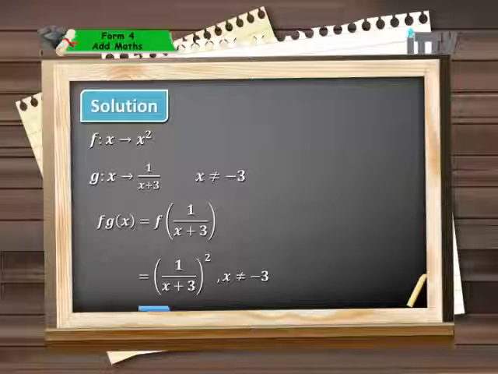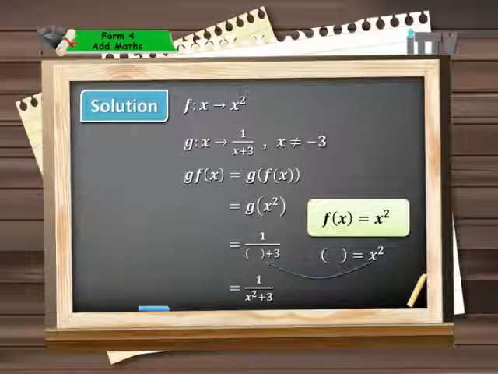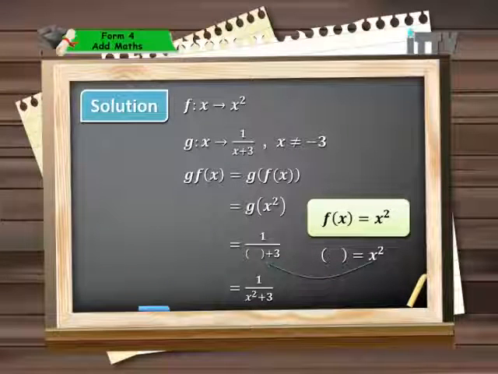Again, do remember, viewers, we should always state that x cannot be equal to negative 3 in this case, for the reasons explained earlier. The second composite function we would like to examine is g of f(x). And as always, g of f(x) means that we must apply the g function to the f(x) function. So which is the function that should be conducted first?